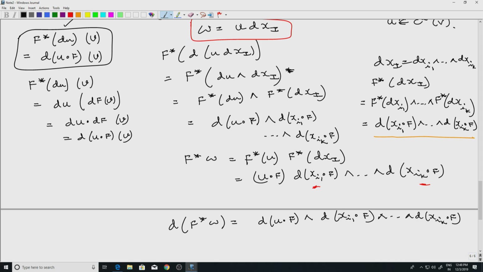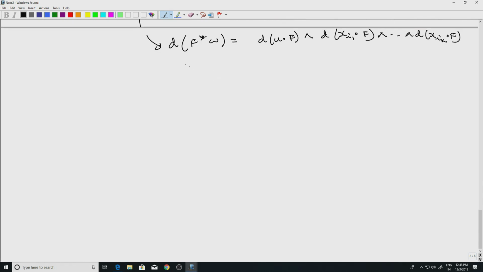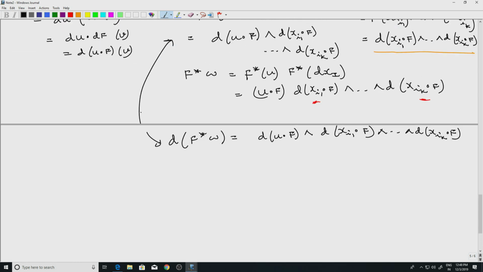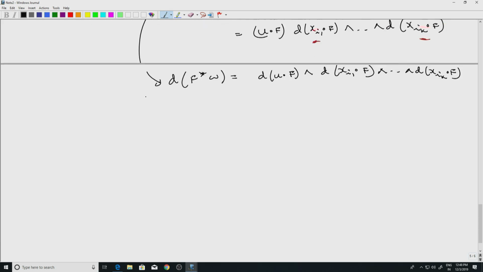I am just differentiating the function. If one compares, they are the same. So we have proved that pullbacks behave well with respect to exterior differentiation.